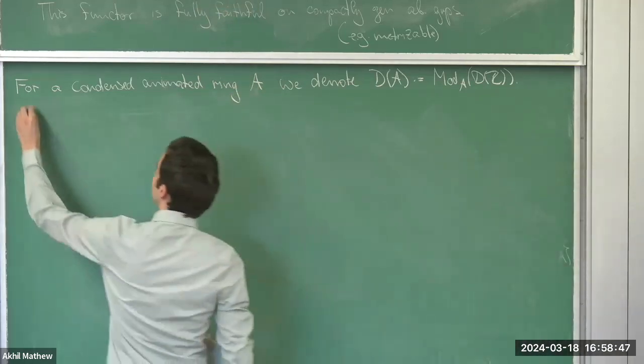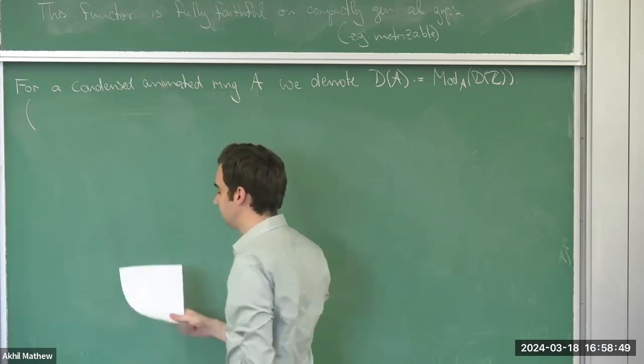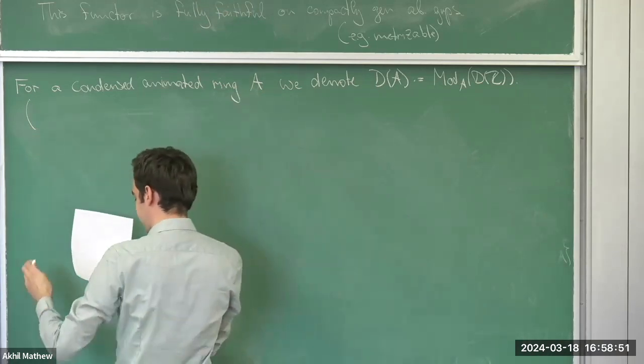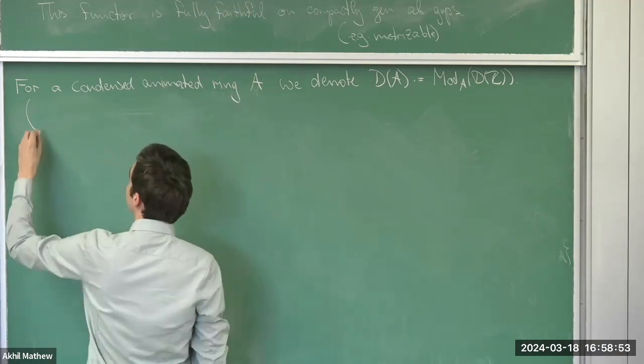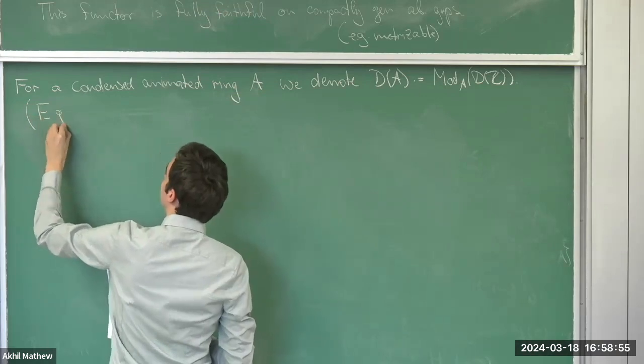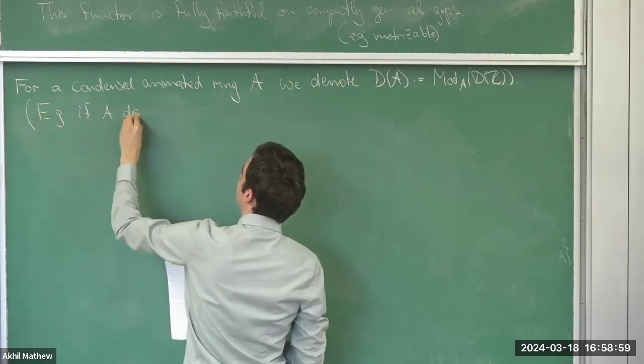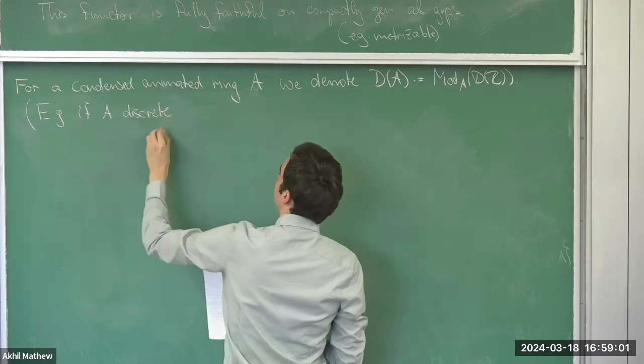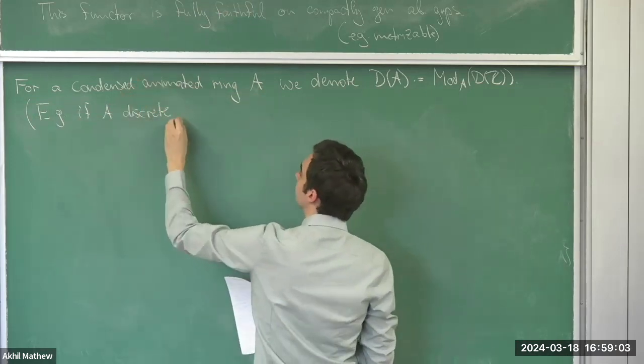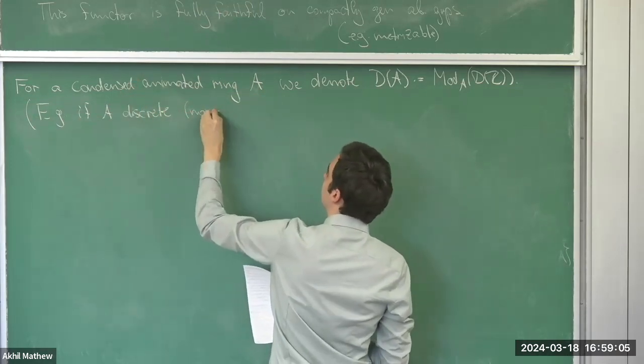So maybe if you're scared of this derived infinity stuff, let me just say that the only case we're interested in today is a discrete, so just a normal, non-derived ring.